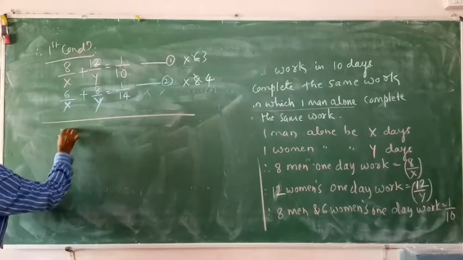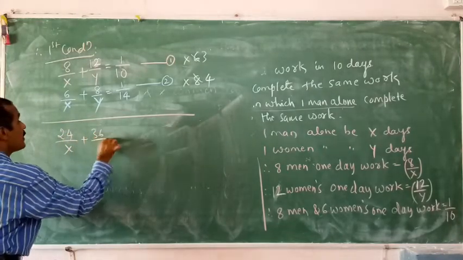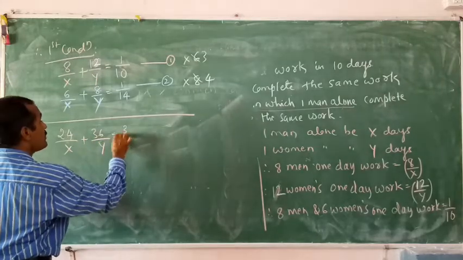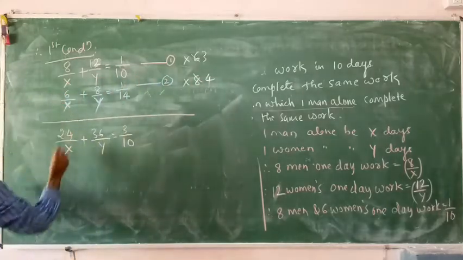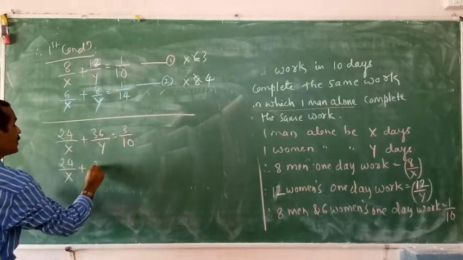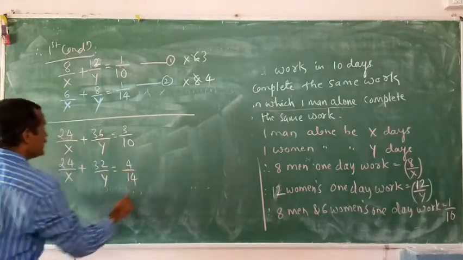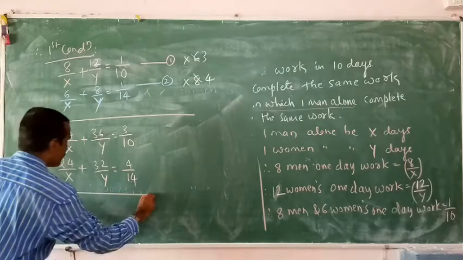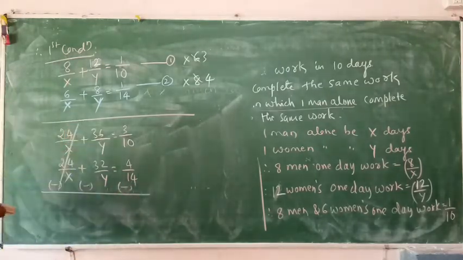It is 24 by x plus 36 by y is equal to 3 by 10. Multiply by 4: 4 6s are 24 by x plus 8 4s are 32 by y is equal to 4 by 14. Minus, minus, gets cancelled.